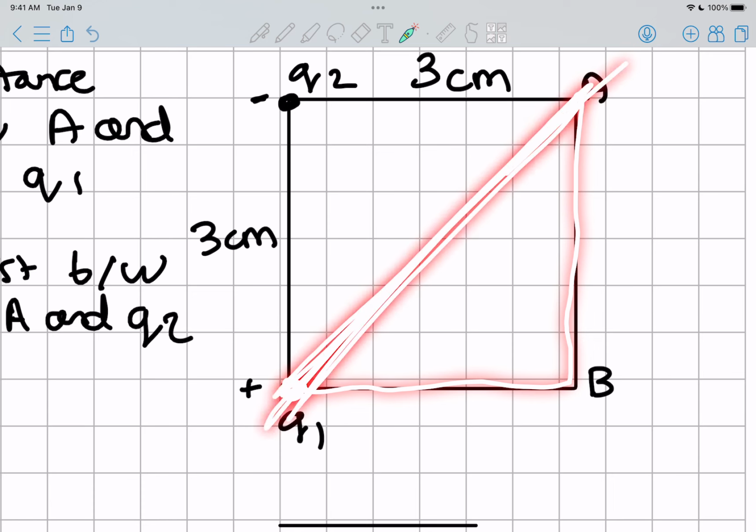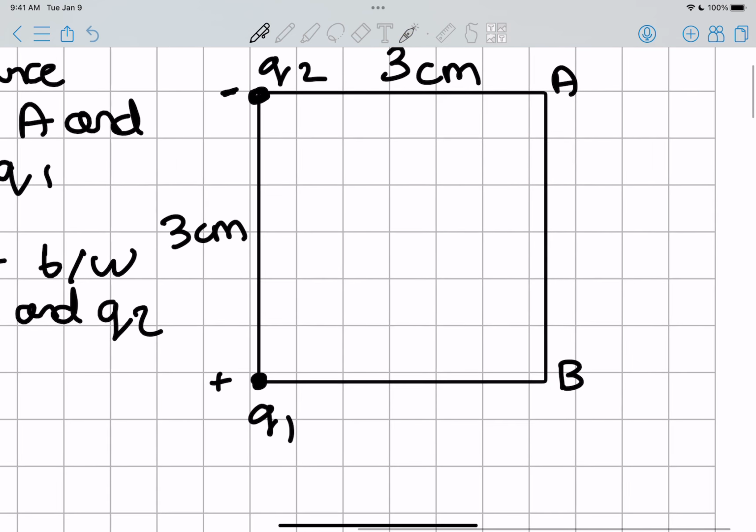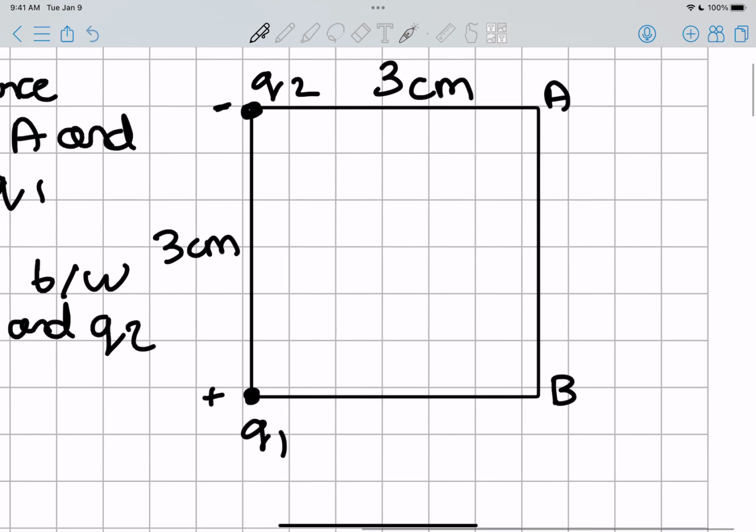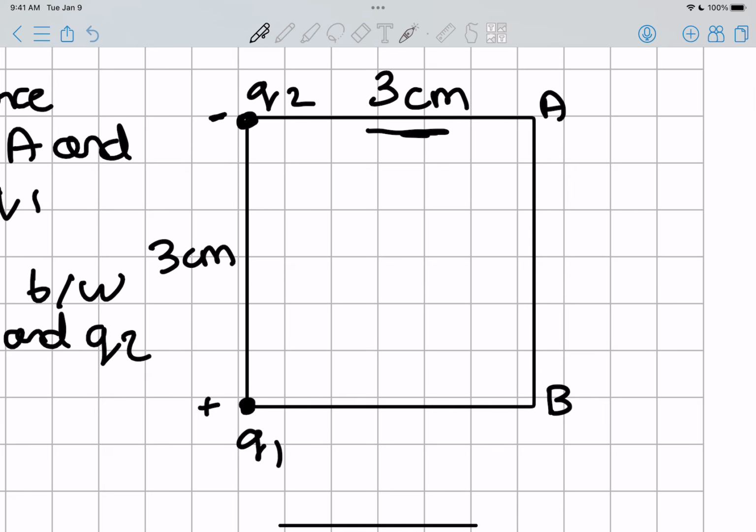You can figure that out using the Pythagorean theorem: 3 centimeters here, 3 centimeters there, 3 squared plus 3 squared, and then take the square root of that, which gives you this distance right here.